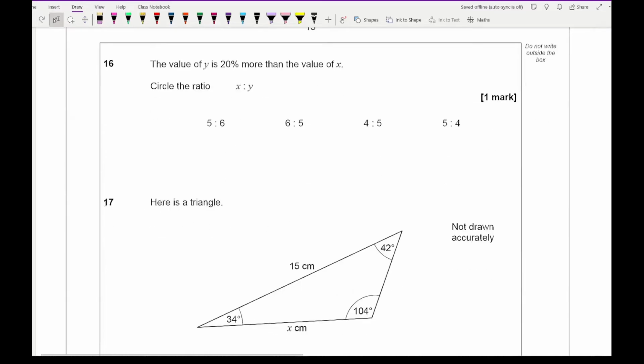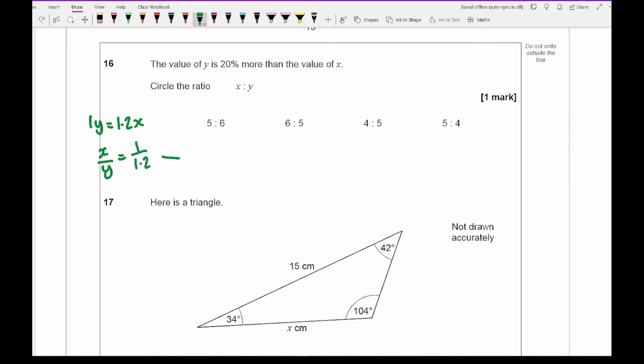Then looking at question 16, it says that the value of y is 20% more than the value of x. Circle the ratio of x to y. So here what we've got is that 1y is equal to 1.2x. So then from this, I can see that x to y, or x over y, is going to be equal to 1 over 1.2.